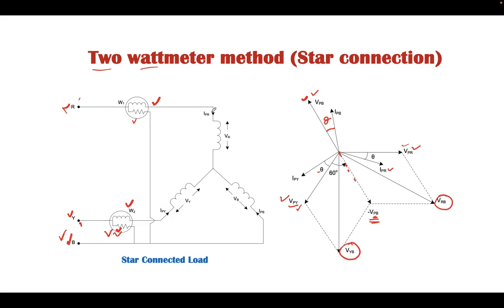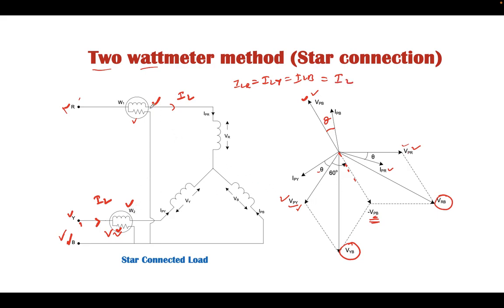The current in this circuit is IL, and the current in this circuit is also IL. Since this is a balanced system, we consider ILR equal to ILY equal to ILB, and it is simply written as IL.